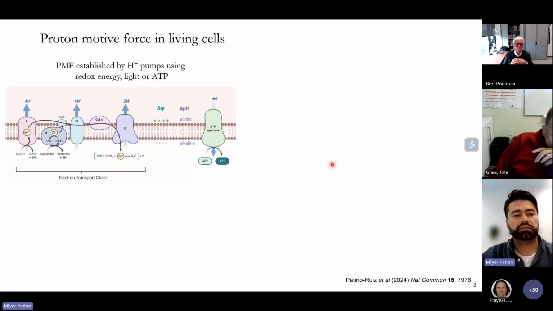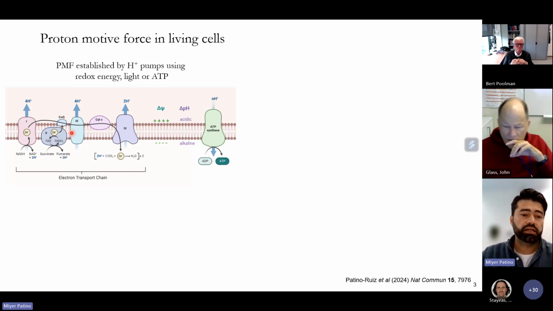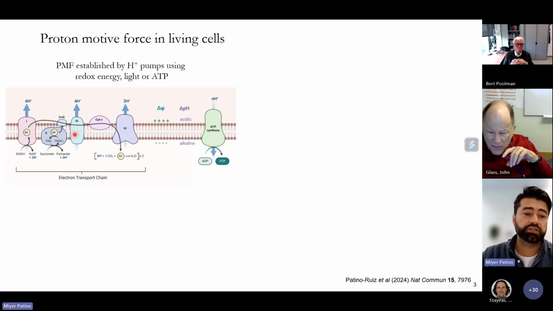When we think about proton-motive force, we know that it is established, for example, by primary transporters, by proton pumps, which use the energy from redox reactions, or they can also use light or ATP to extrude protons out of the cell.